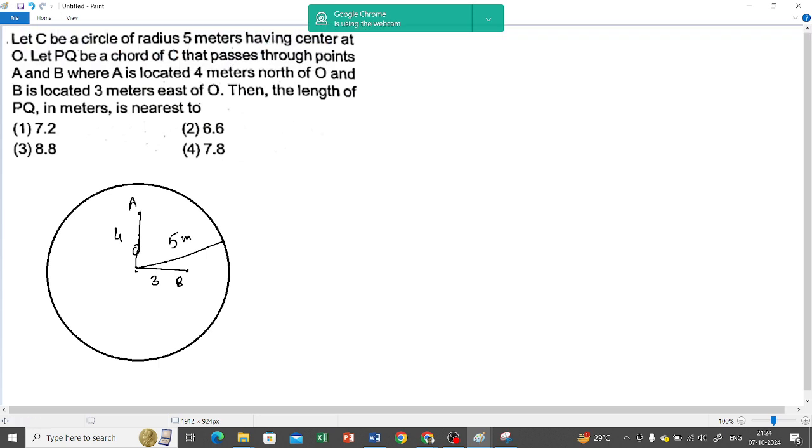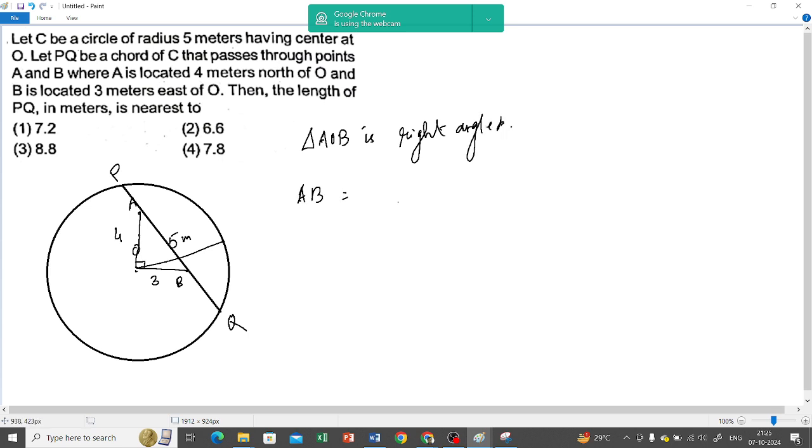Now joining PQ, right, বুঝতে পেরেছো? Then the length of PQ, আমাকে PQ এর লেন্থ বার করতে হবে, ভালো কথা. Now see, AOB is a right angle triangle, right?